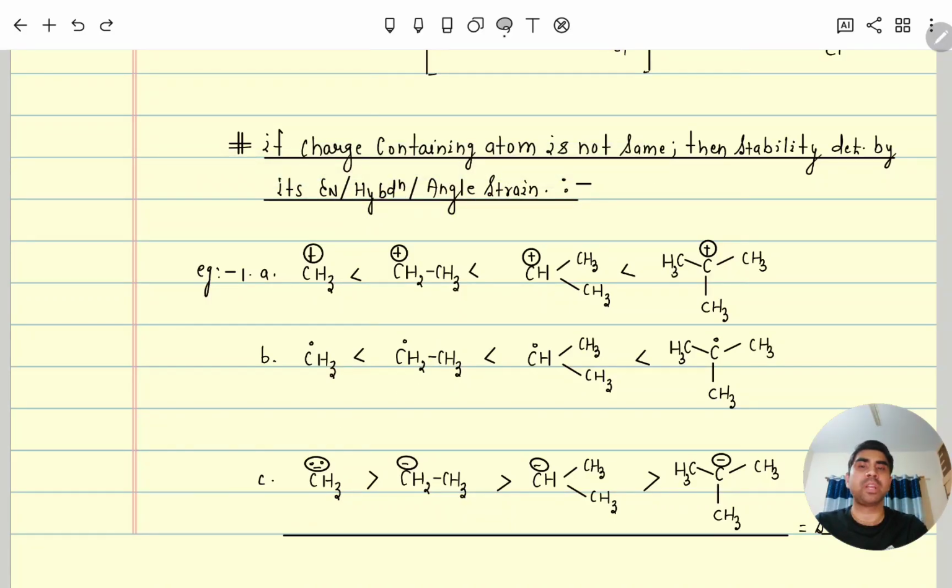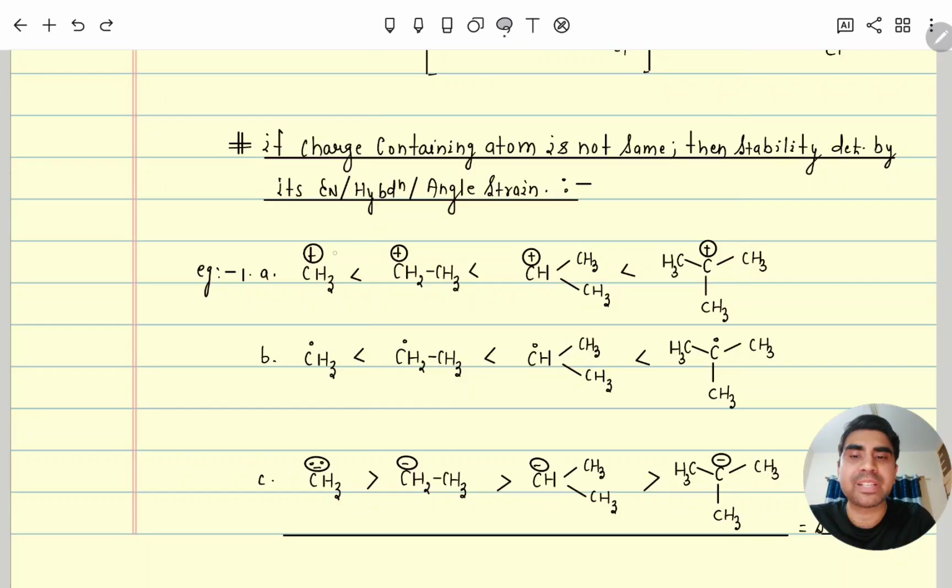Once again, if the charge containing atoms are the same, meaning this is also sp2, sp2, sp2, sp2, is that clear? Then stability is determined by resonance and hyperconjugation. If it is not the same, then we will decide by electronegativity, hybridization, angular strain. Some examples we will discuss.